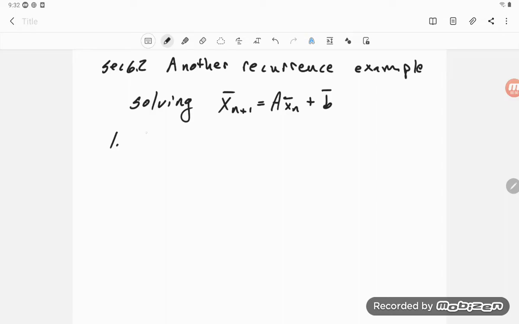They derive a general solution, or I'll go with generic solution.